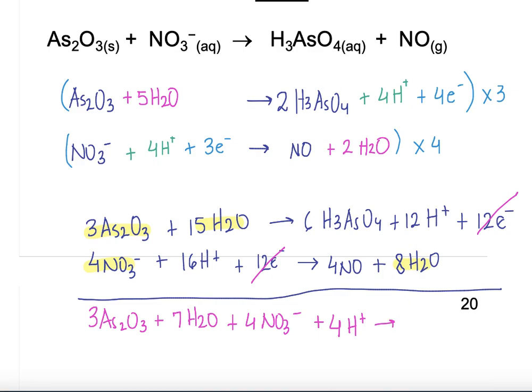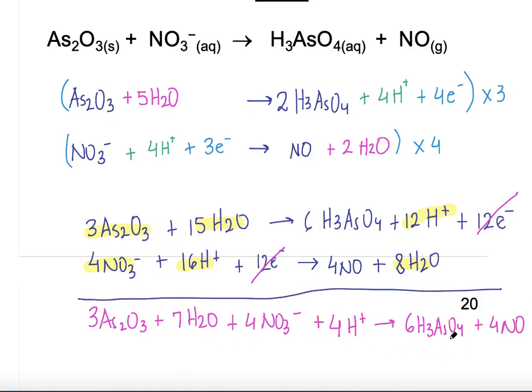Then I have my arrow, and I'm going to highlight my hydrogen ions before I forget. And then on the right-hand side, I have 2 things that are left that I cannot cancel with anything else, so I can just bring them down. 6H3AsO4 and 4NO.